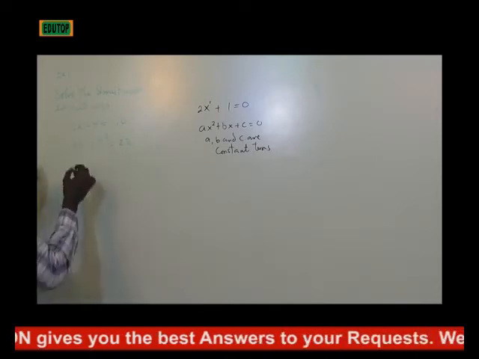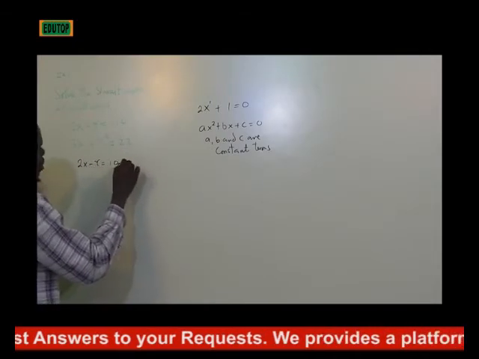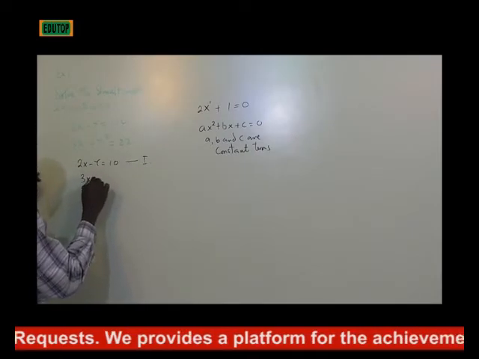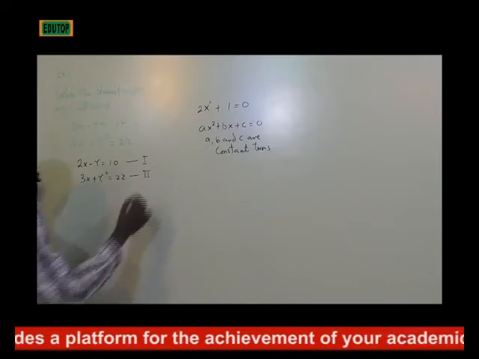So we have equation 1, 2x minus y equals 10. Let's call this equation 1. Then 3x plus y squared equals 22. Let's call this equation 2.